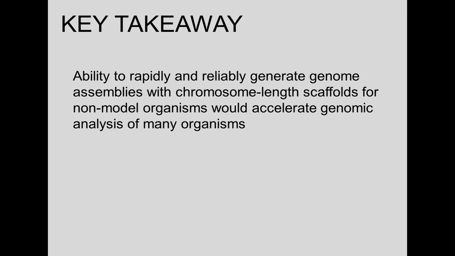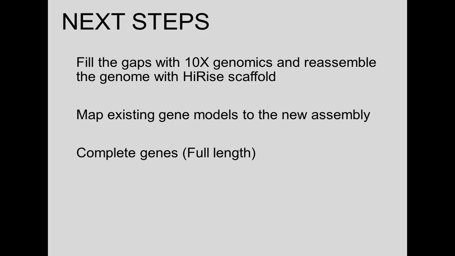We might be able to now get chromosome length scaffolds and assemblies for even bigger tick genomes, such as Rhipicephalus microplus, that genome is approximately 7 GBP. So this gives us a lot of hope.